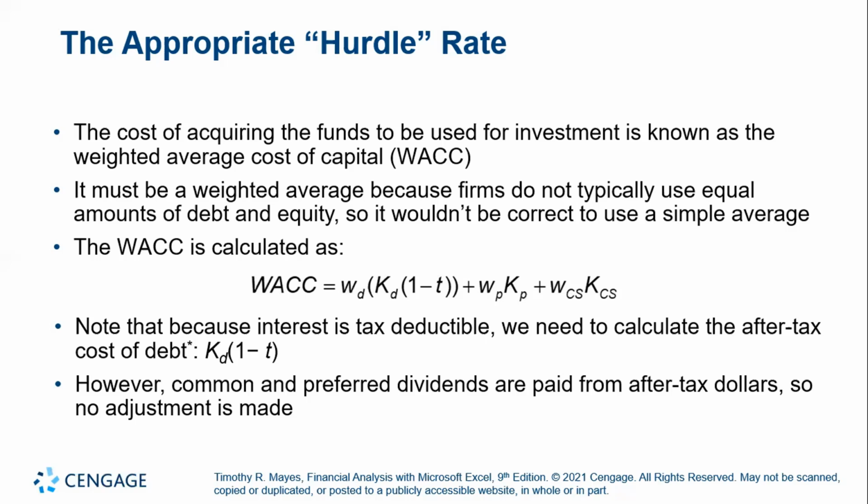Note that because interest is tax deductible, we need to calculate the after-tax cost of debt, which is the cost of debt times 1 minus the tax rate. However, common and preferred dividends are paid from after-tax dollars, so no adjustment is made.